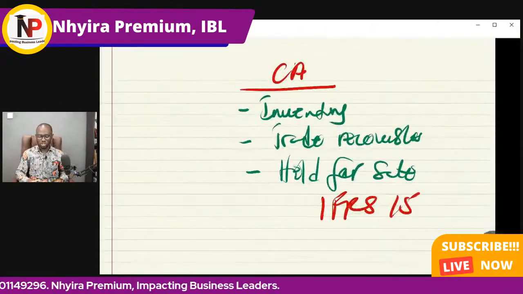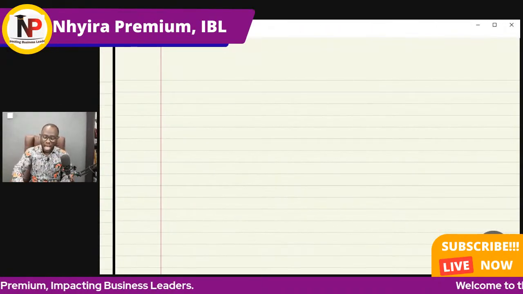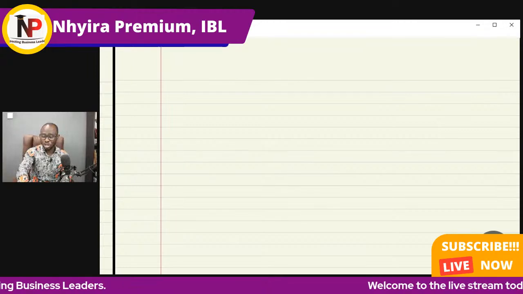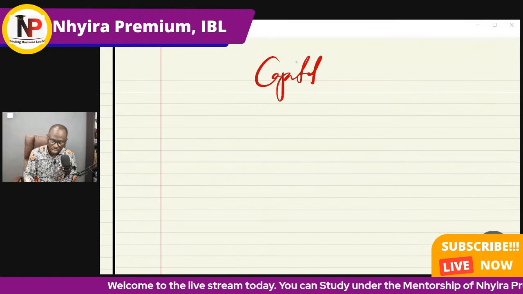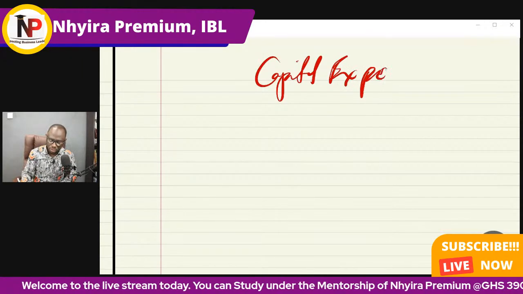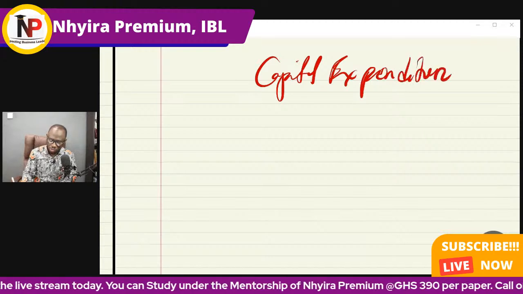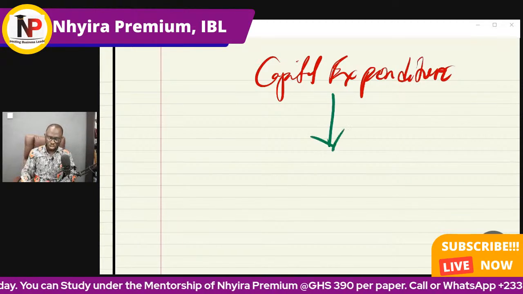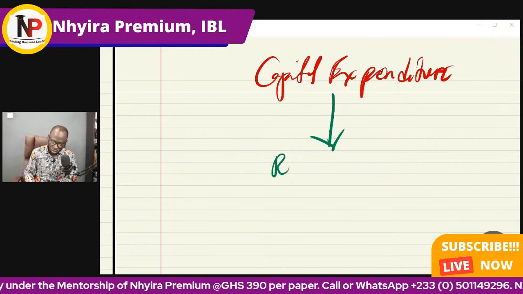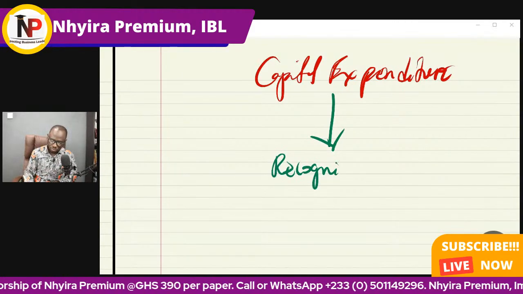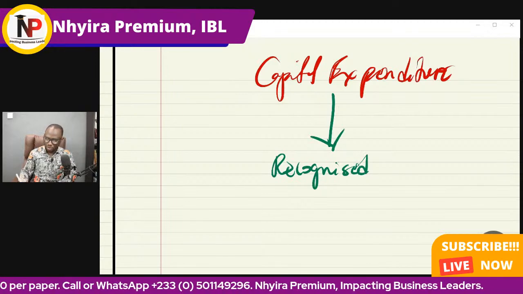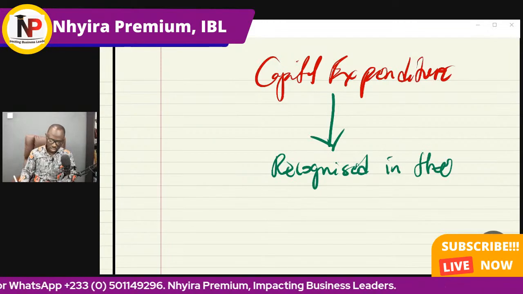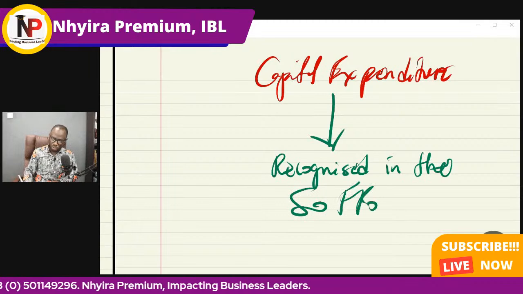and that is what will be taken to the statement of profit or loss account. So when we buy tangible non-current assets, what is going to be happening here is that we are incurring capital expenditure. Now, that capital expenditure cannot be written off in the profit or loss account. Instead, it's going to be recognized in the statement of financial position.